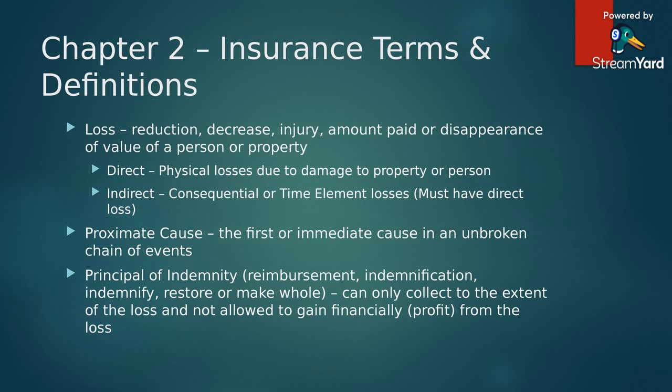The concept of proximate cause. The proximate cause is the first or immediate cause in an unbroken chain of events. If it hadn't occurred, then that would not have happened. It's important to determine when there is a claim, because if the proximate cause is going to be covered, then the remaining and subsequent losses are also going to be covered.